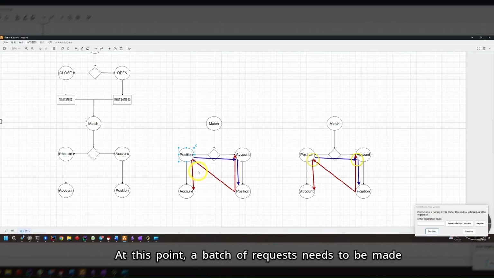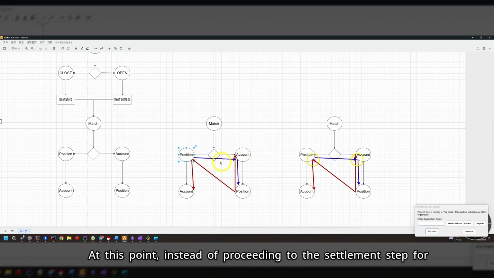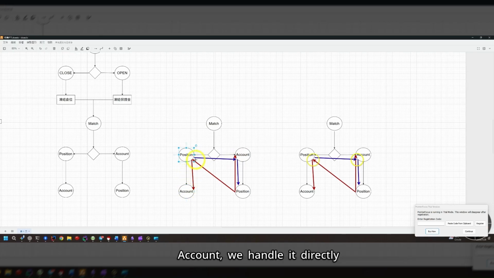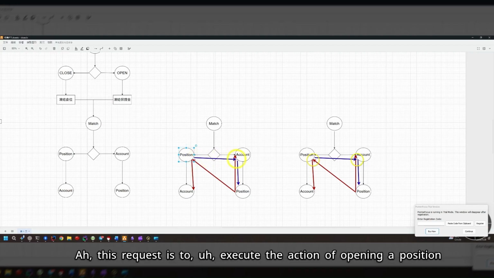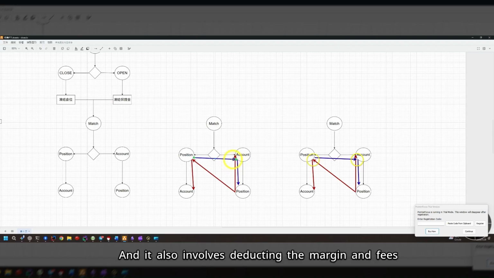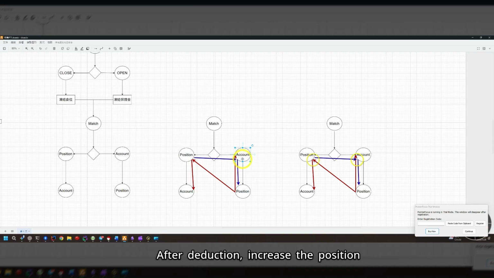At this point, a batch of requests needs to be made. Instead of proceeding to the settlement step for account, we handle it directly. This request is to execute the action of opening a position. And it also involves deducting the margin and fees. After deduction, increase the position.